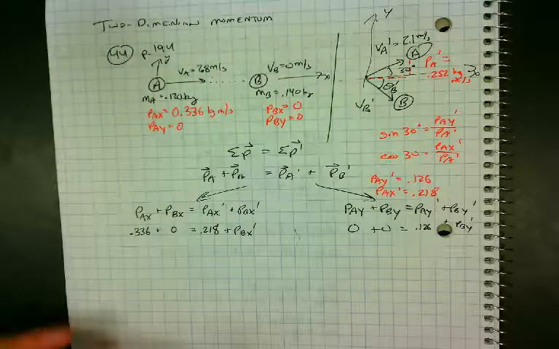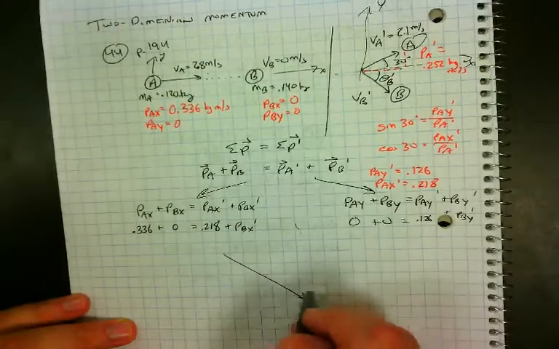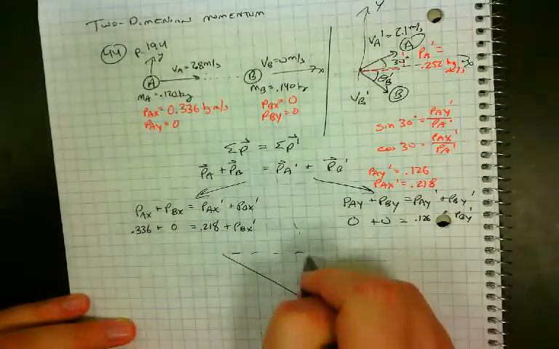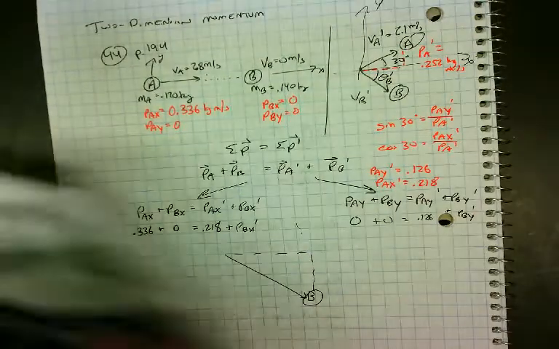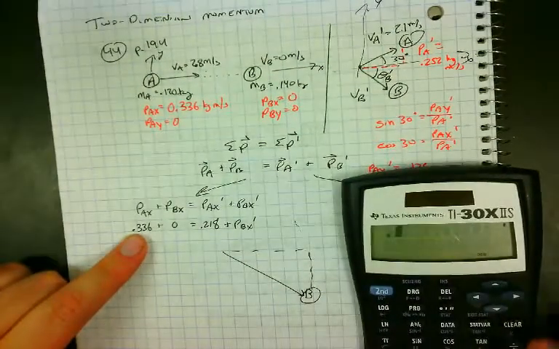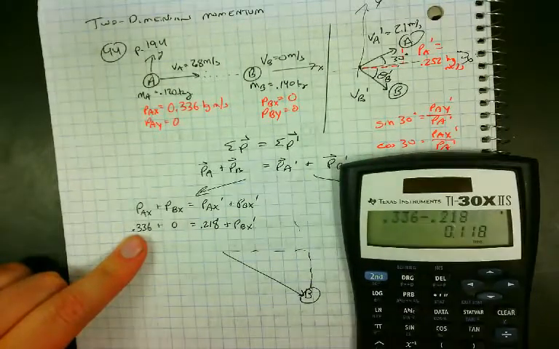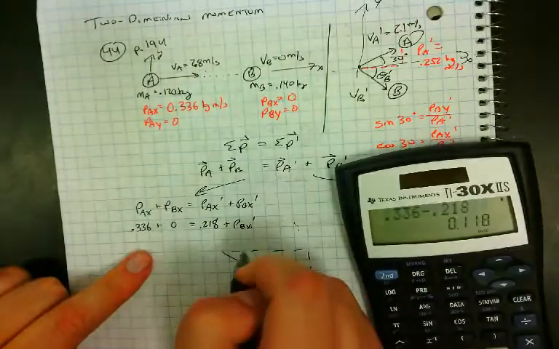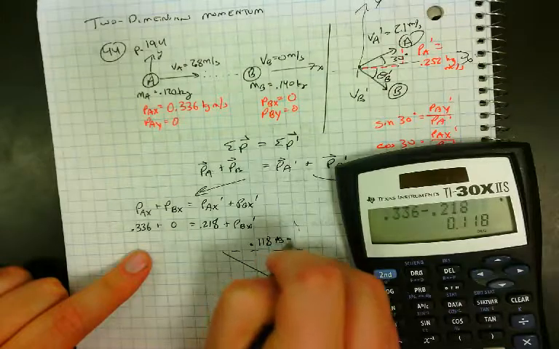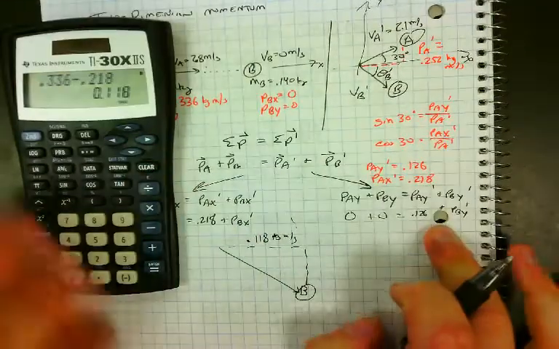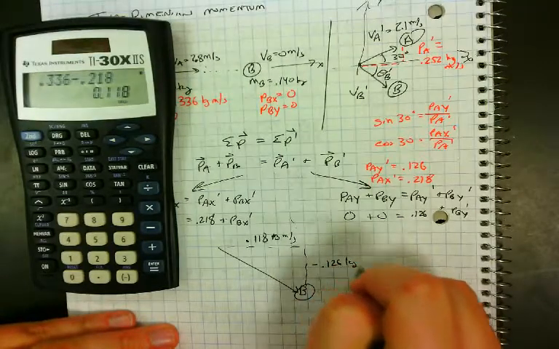So we get that object B is going in this direction with a PBX of, what would that be? 0.336 minus 0.218. So PBX prime is 0.118 kilogram meter per second. And here PBY prime is negative 0.126 kilogram meter per second.